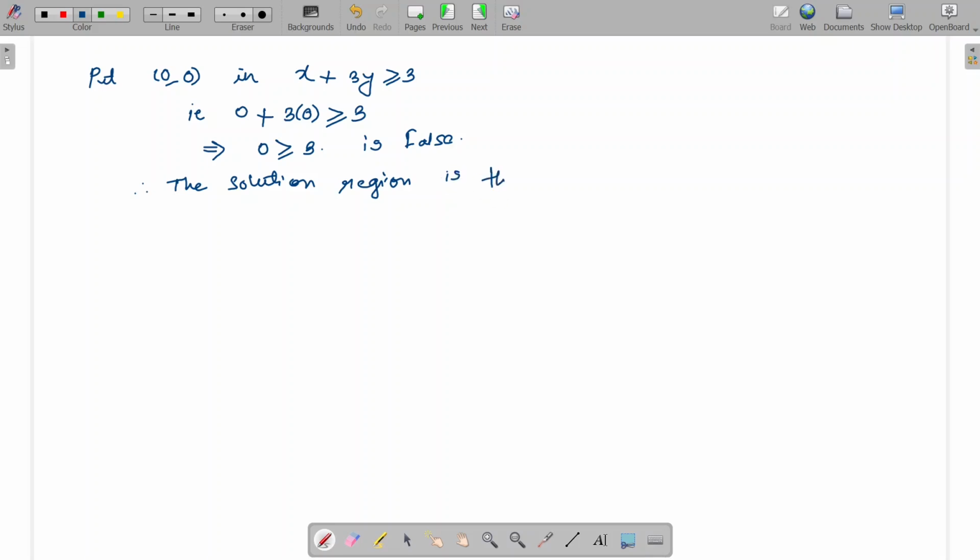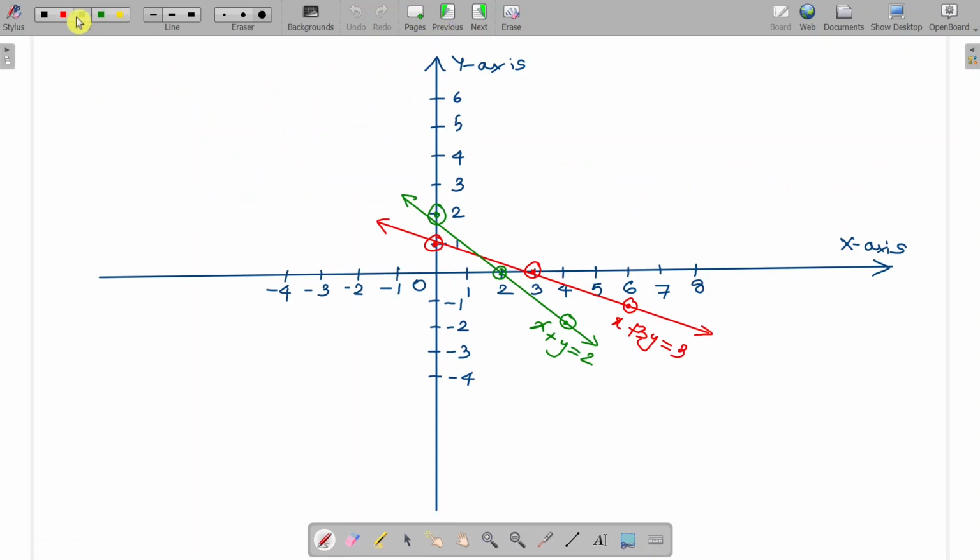Because the inequality is not satisfied, the solution region is the half plane where 0, 0 does not lie. So that means this region.